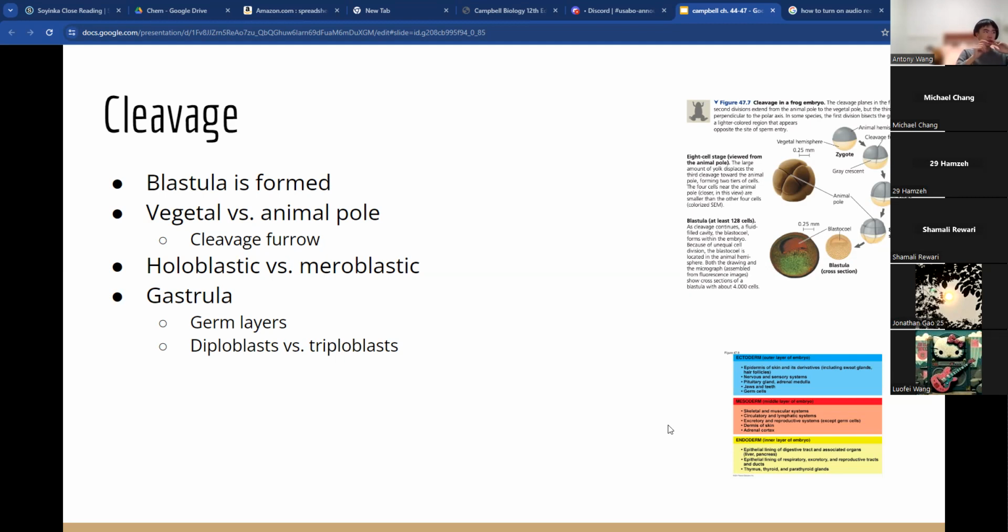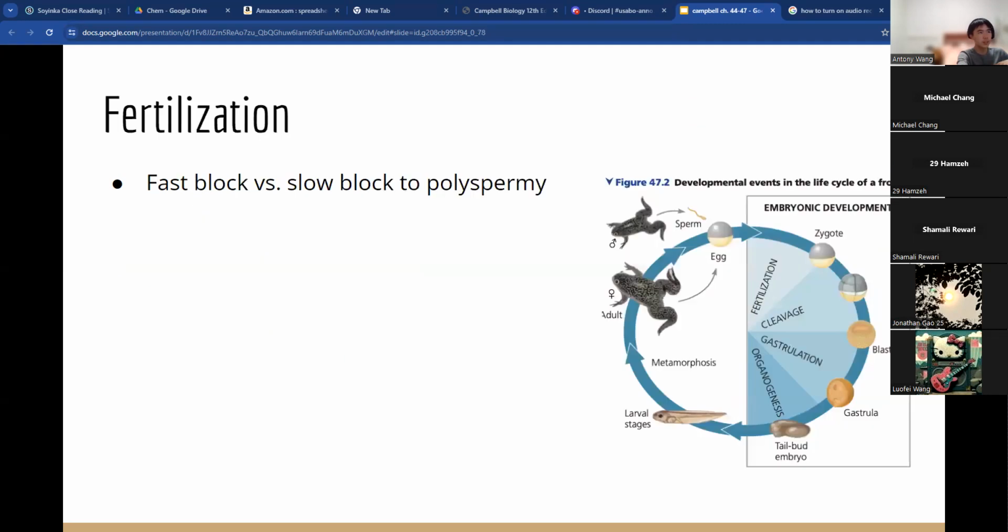In frogs in particular, because frog eggs have yolk, they have what is known as the animal and the vegetal pole. The animal pole has no yolk. That's its feature. The yellow part is the vegetal pole, V for vegetal.